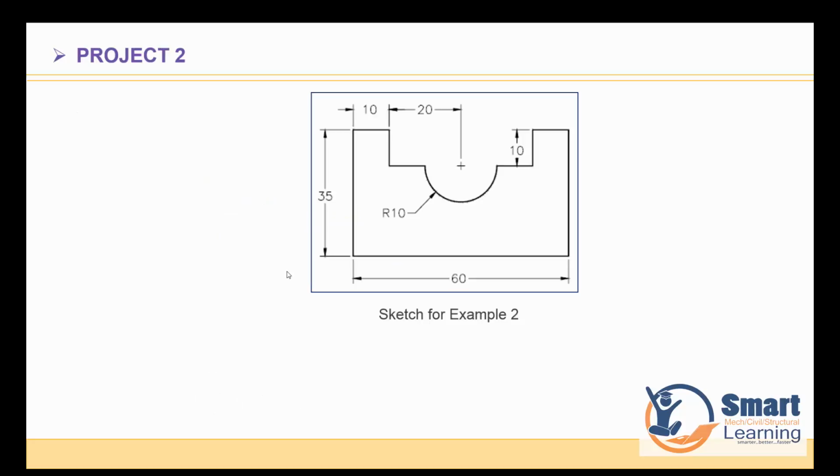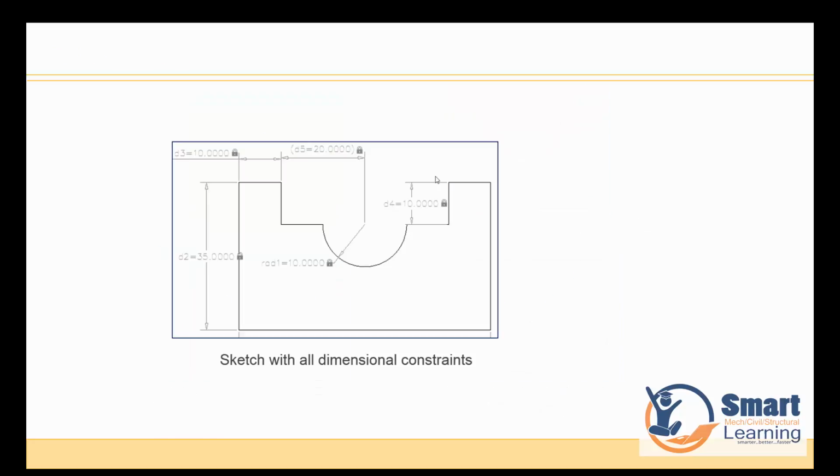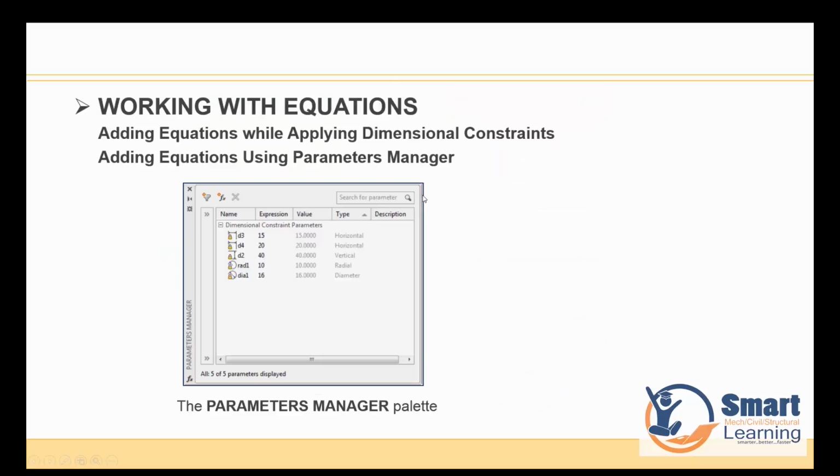And then in project 2 we'll be looking at this particular sketch where we'll be applying all the constants which are shown here. So we'll be looking at the geometry constant as well, and I was showing you during the equal and the radius also how to use that constant and typically get it through the automatic applications, and then fix the values, and then you can add the typical constant or the distance or the relationship which you have, and then you get your final output.